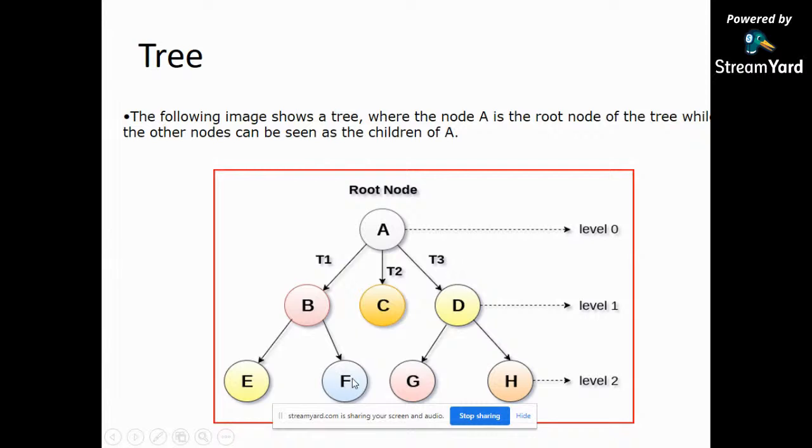So the ancestors of F are B and A. The ancestors of E are B and A. It is important that the root node doesn't have ancestor nodes.